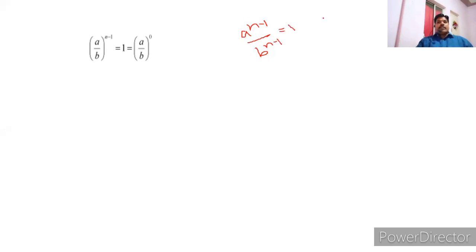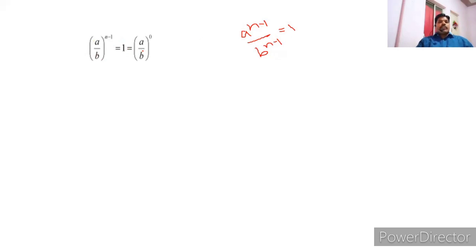From the previous step, you get a power n minus 1 by b power n minus 1 value will become 1. So this a power n minus 1 by b power n minus 1, you can write as a by b whole power n minus 1. So that value is equal to 1.